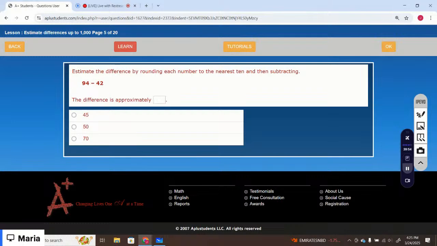Estimate the difference by rounding each number to the nearest 10 and then subtracting. 94 minus 42.